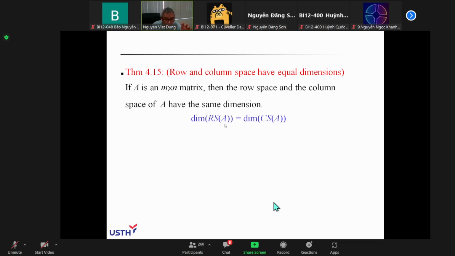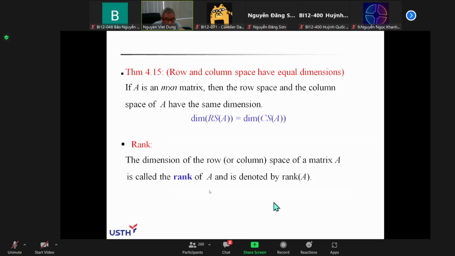That is, the dimension of the row space of A equals the dimension of the column space of A. And because of that, we define the rank of A. The rank of a matrix A, denoted like that, rank A here, is the dimension of the row space of A, or the dimension of the column space of A.